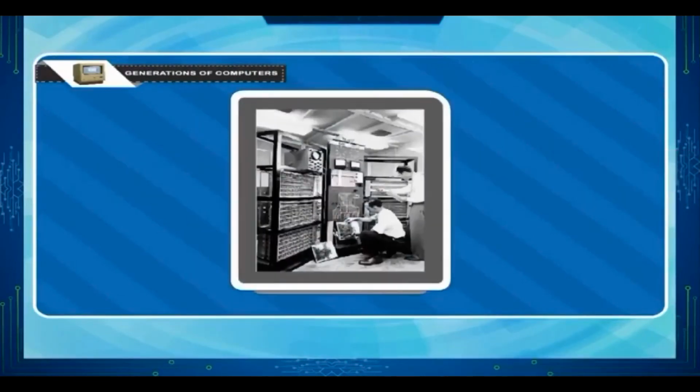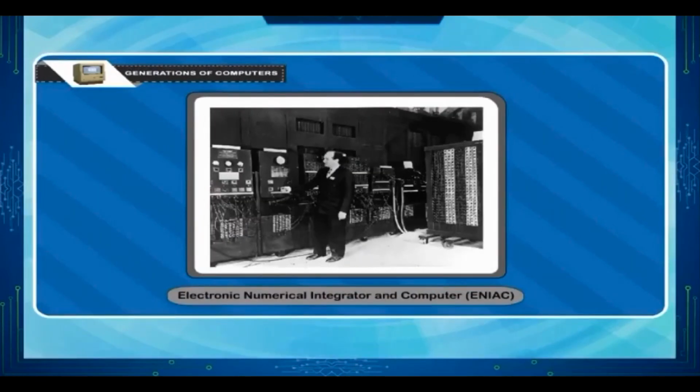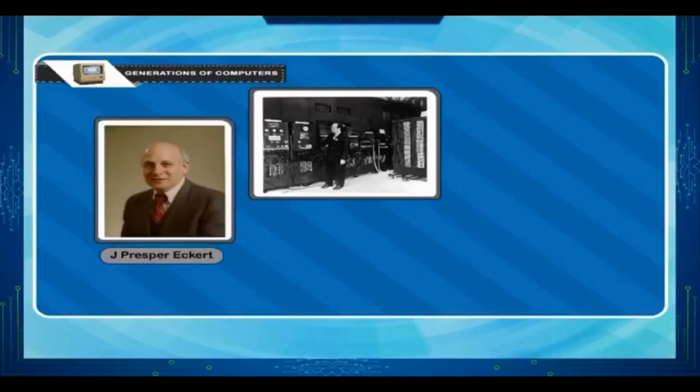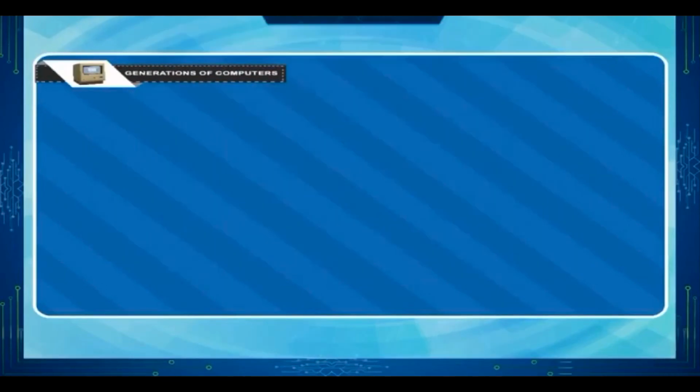The first generation computers had vacuum tubes, valves, as the main electronic component. The first general-purpose programmable electronic computer was the Electronic Numerical Integrator and Computer, ENIAC, built by J. Presper Eckert and John V. Mauchly at the University of Pennsylvania.